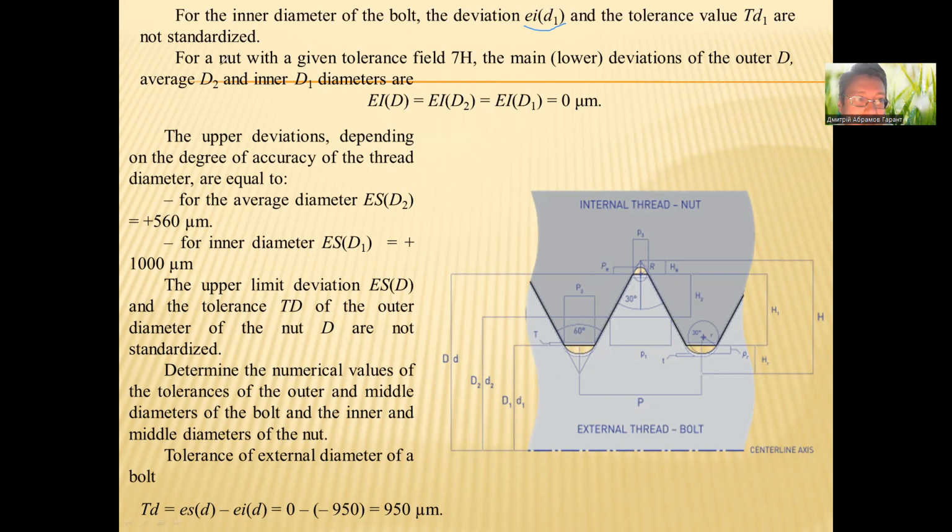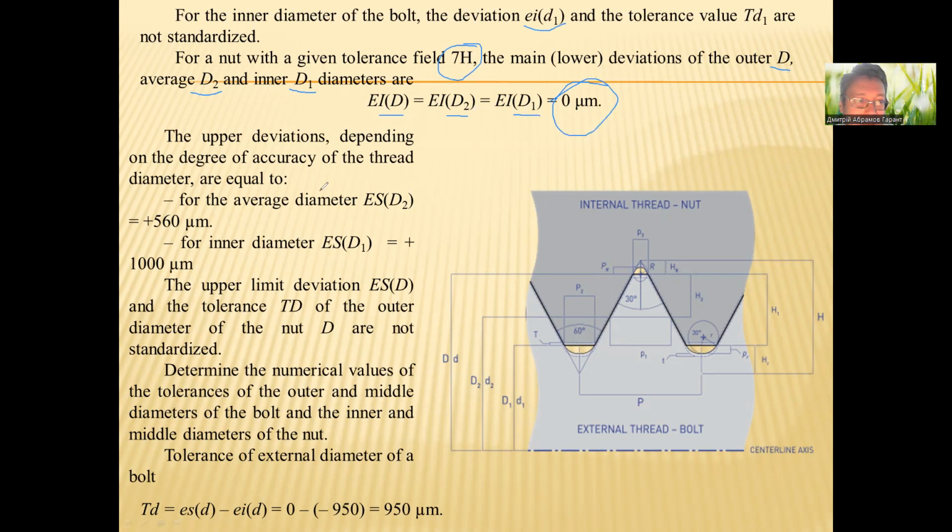For the nut, with a given tolerance field 7H, we use big H for the nut. The main or lower deviations of the outer diameter without suffix, average diameter D suffix 2 and inner diameter D suffix 1 are equal to 0 micrometers.